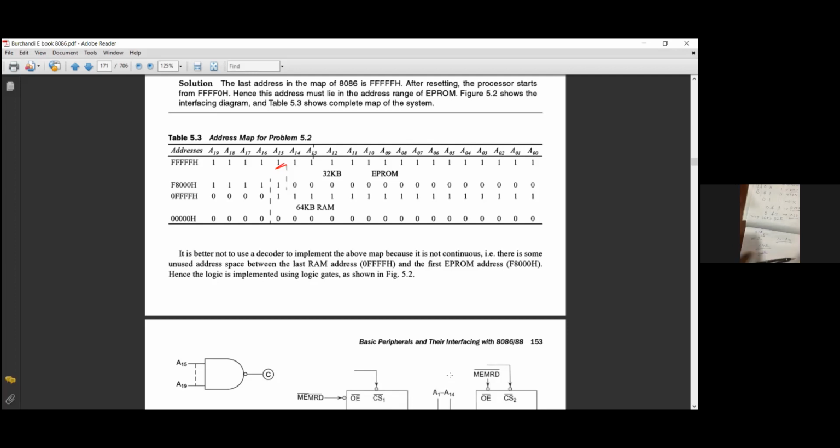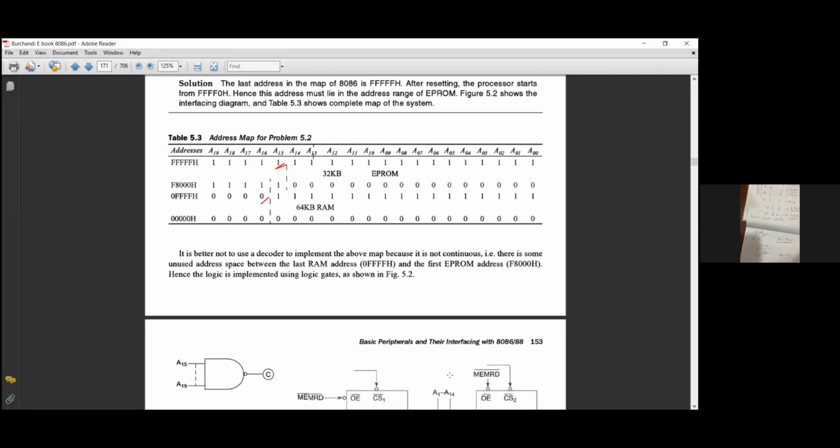So for 32K chips, it is RAM. So 16 means A0 to A15 unchanged, so A16 will be changed. Rather than that, all are changed.